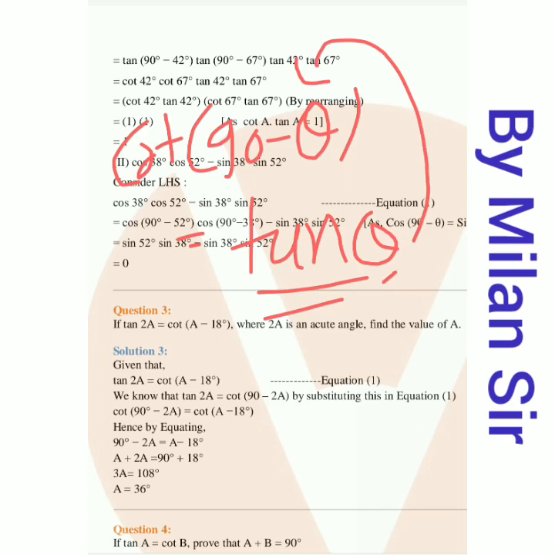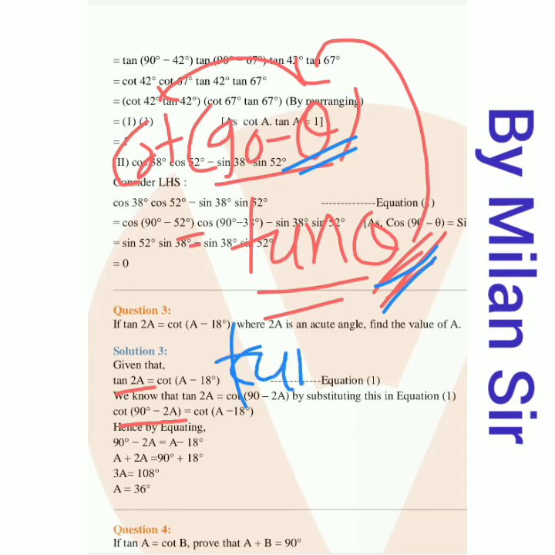Whatever angle is given here, theta, we can write 90 minus theta, and we can convert tan into cot. So these things we are using here. Here tan 2a is given, so I can write cot 90 minus 2a. Here my theta is equals to 2a. So tan 2a is equals to cot 90 minus 2a.